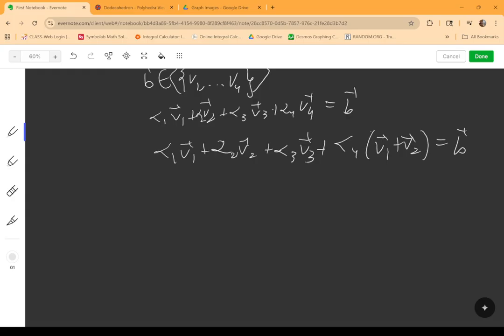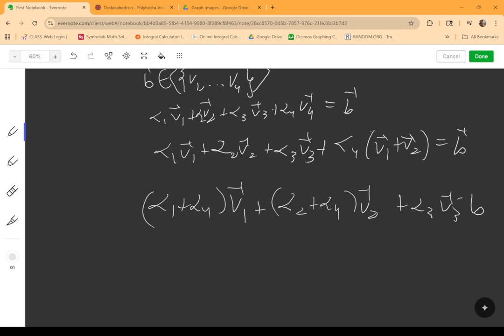Now rearranging this, we can say (alpha 1 plus alpha 4) v1 plus (alpha 2 plus alpha 4) v2 plus alpha 3 v3 is equal to b. So now I'm able to write it as a linear combination of v1, v2, v3. That means b is an element of the span of v1, v2, v3.